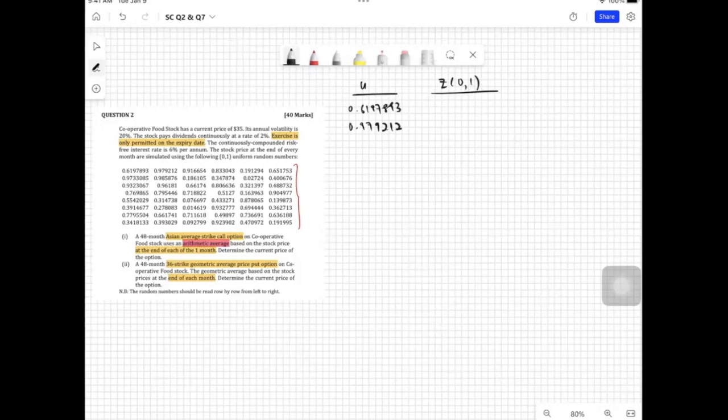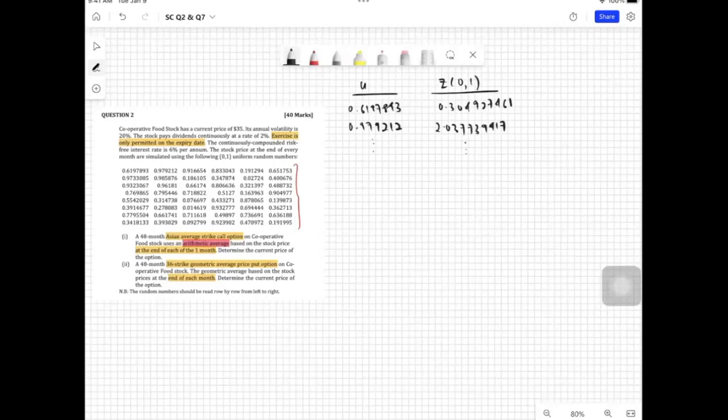And then we will compute these later on in Excel, but I have written down a few of them first just to show everyone how we obtain the values. Then it goes on for all the 48 numbers given in the question here.